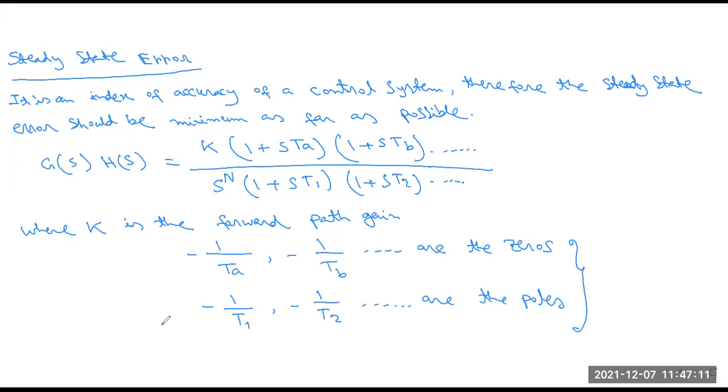Okay. And one more term is used, that is s to the power n. N is the number of poles at the origin.